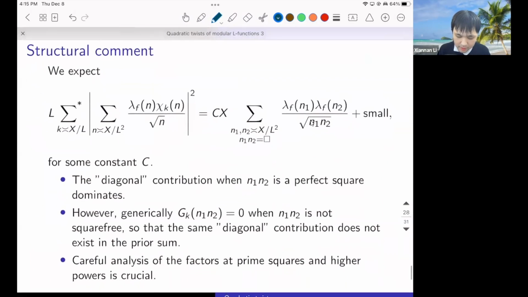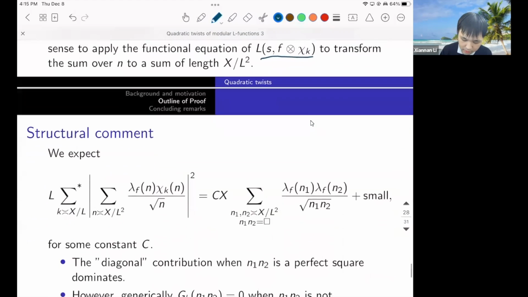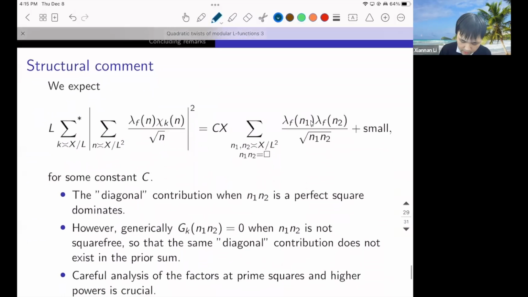So I want to make a structural comment. I've oversimplified some parts, obviously, out of necessity. But there's one part that's worth mentioning, which is that if you really look at this sum at the very end that we're replacing the off-diagonal term with, then once you evaluate it, you would actually expect a diagonal contribution. That's coming from when n1 n2 is a perfect square.